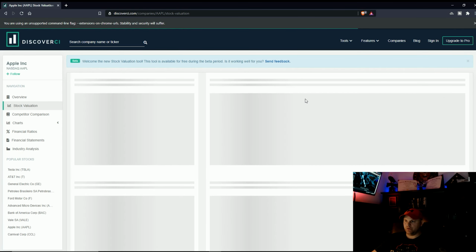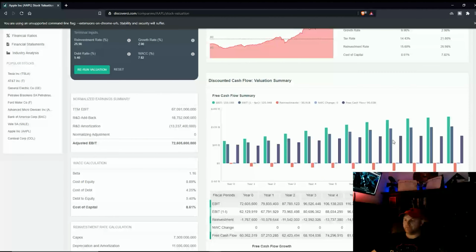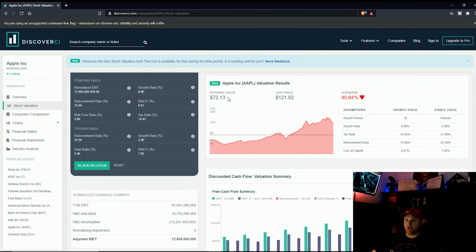You go over, and this gives you a margin of safety, whether or not it's undervalued or overvalued. And as we can see, unfortunately, Apple looks overvalued compared to what their finances reflect, how much they're growing and whatnot. Right here, it does say that Apple's only worth 72 compared to 121, so it has a downside risk of 40%.